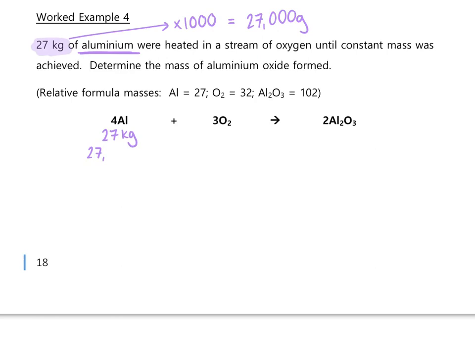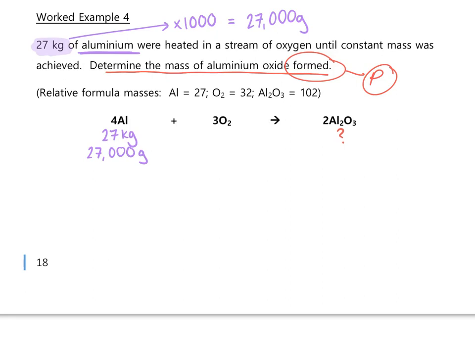So I'm going to write that underneath my equation as well. Okay, next part is to write a question mark underneath what I'm trying to calculate. It says determine the mass of aluminium oxide formed. So I'm going to put a question mark underneath Al2O3. Aluminium oxide is Al2O3. And also it's the mass of aluminium oxide formed, so I know it's going to be a product.